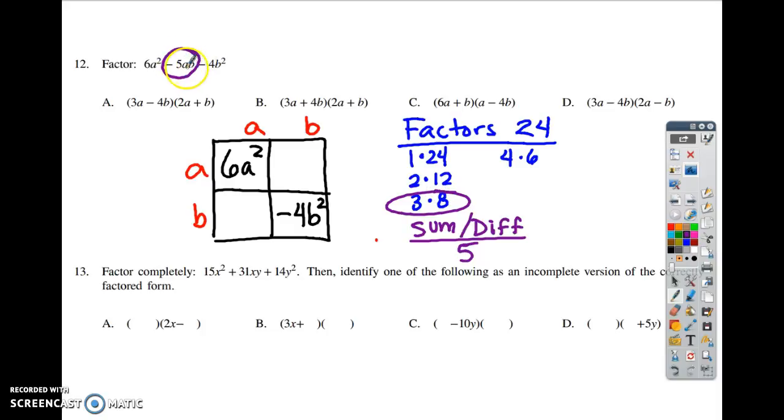The middle term has ab, so both of these have to have ab. 3 and 8 have to have ab, ab. And one of those is going to have to be negative. So which one's going to be negative? The 8. So the 8 is negative, and the 3 is positive, and that will give you a negative 5.